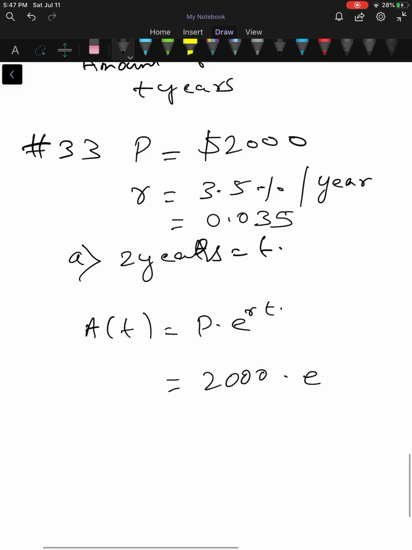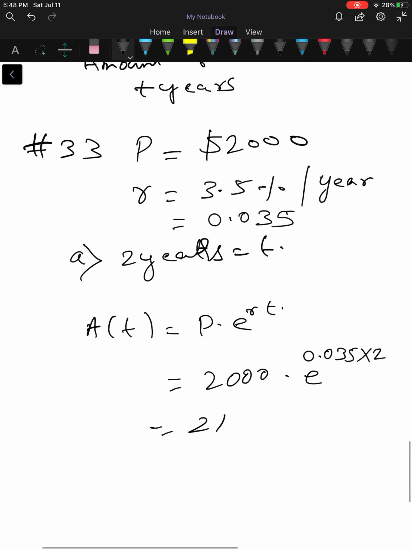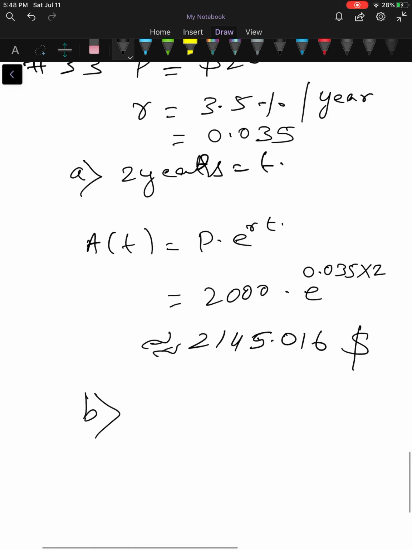So this gives us 2000 times e to the power of 0.035 times 2. Using the calculator, e to the power of 0.035 times 2, multiplied by 2000, I will be getting approximately 2145.016 dollars.